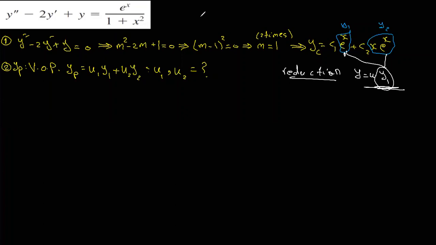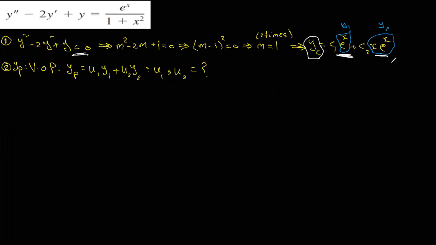But my advice now: if you have two solutions for the homogeneous equation, the variation of parameters method will save time. If I use the reduction of order and this substitution, maybe you need 10 minutes.